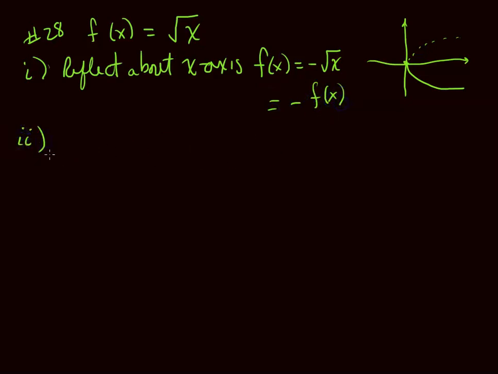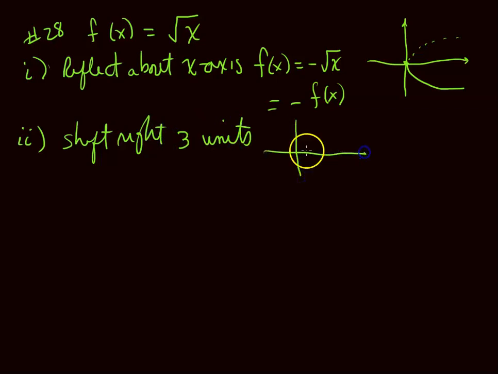The second thing, shift right 3 units. Well, let's see, we want our graph to, instead of the reference point being 1, be over at 3. And then it'll do this. But if we shift right 3 units, we have to be inside the function because it's horizontal, and it's got to be the opposite of what we think.